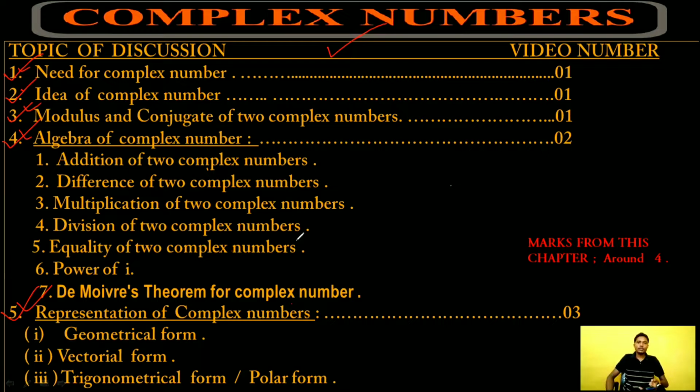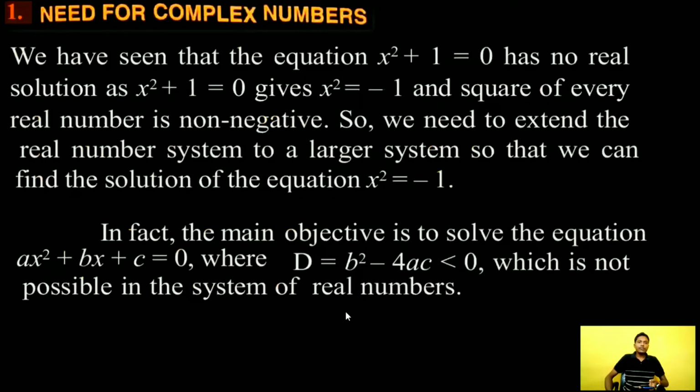Okay, let's start. First I will explain topic number 1, that is the need for complex numbers, or why we should study the complex number system. Have a look. The general quadratic equation is ax square plus bx plus c equal to 0. This equation has two roots.